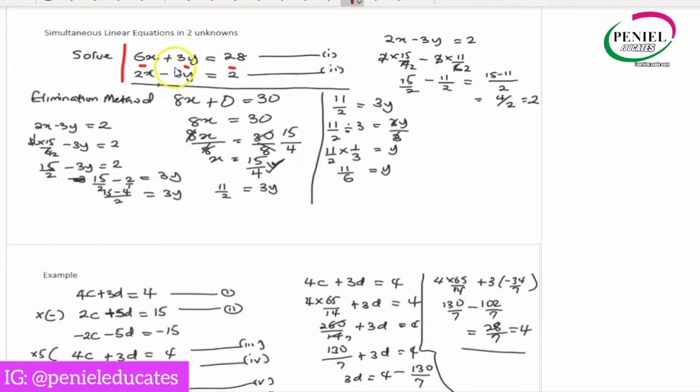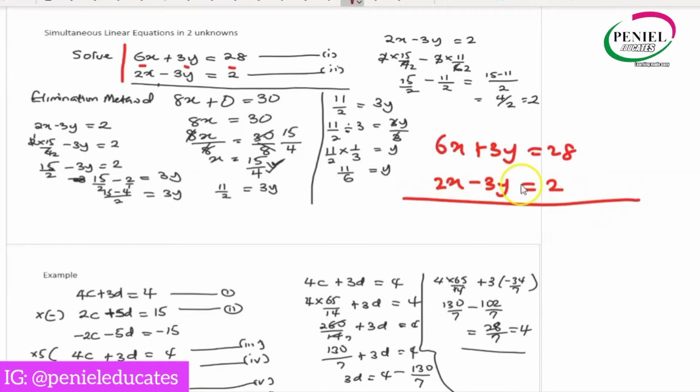So if I add these two together, let's say 6x plus 3y equals 28, and 2x minus 3y is equal to 2, what I need to do is add this with this, and this with this.